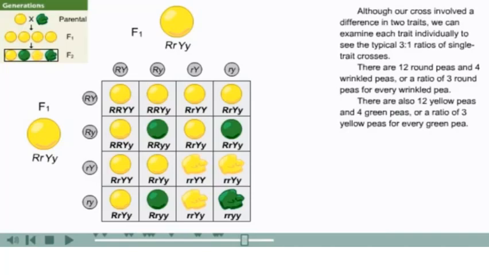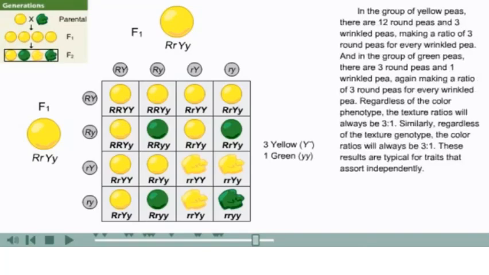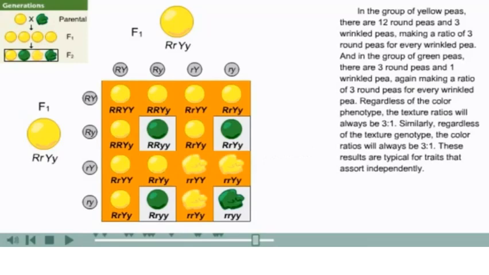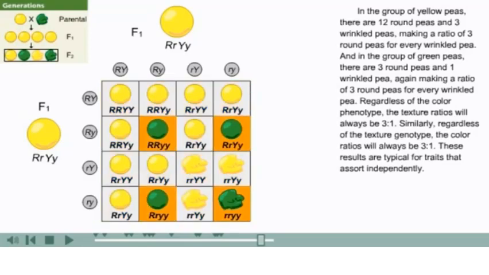Although our cross involved a difference in two traits, we can examine each trait individually, like only a single character, and you can choose both characters together and tell what the genotype is, because you know the phenotype ratio is 9:3:3:1.